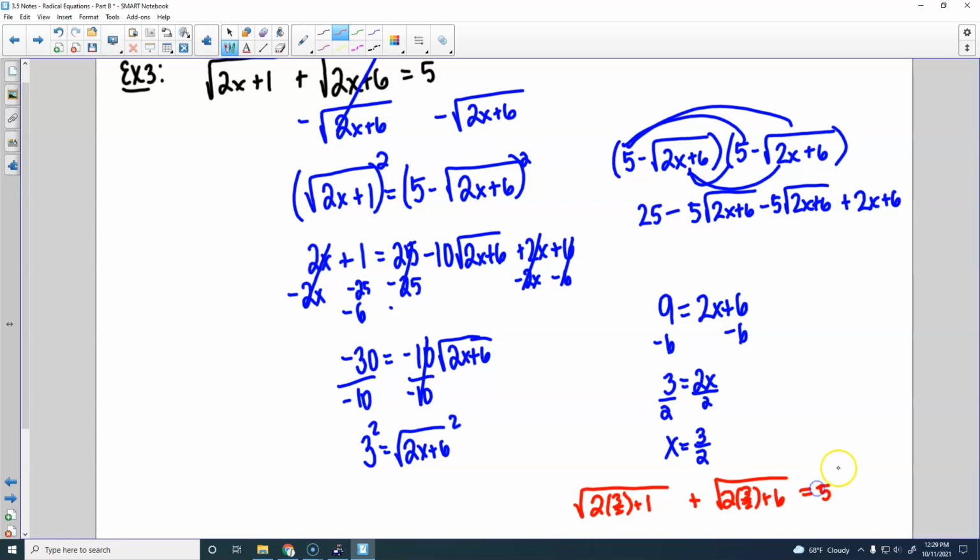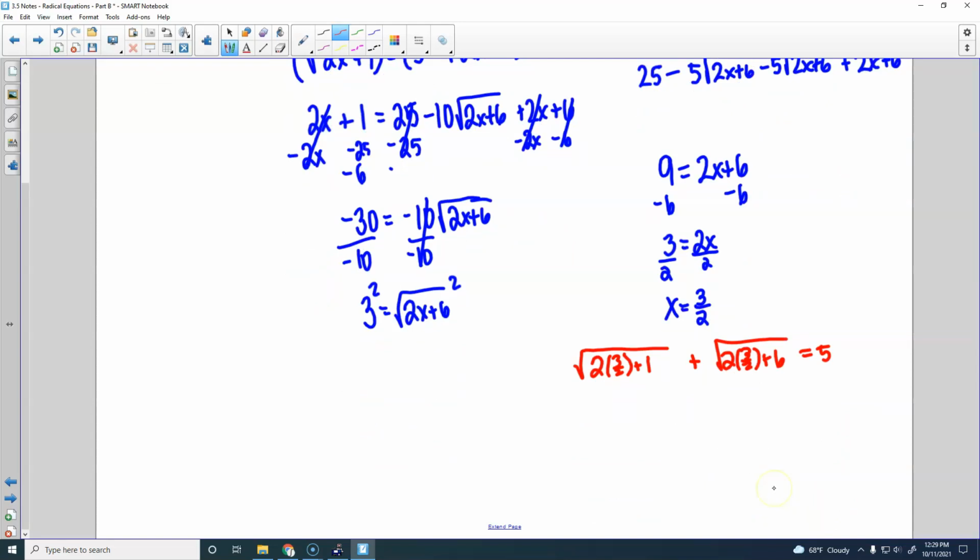That's to equal 5. You can do it in your calculator if you want, but the 2 is going to cancel with this 2, so it's square root of 3 plus 1, which is 4. And same thing, the 2's cancel here, so it's square root of 3 plus 6, which is 9. So 2 plus 3 does equal 5, so we get 3 halves is our answer.